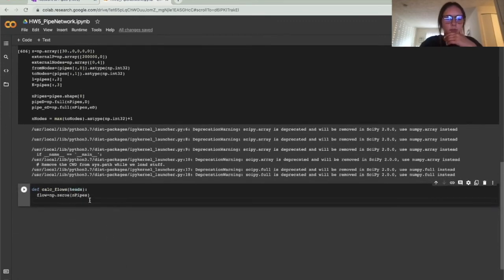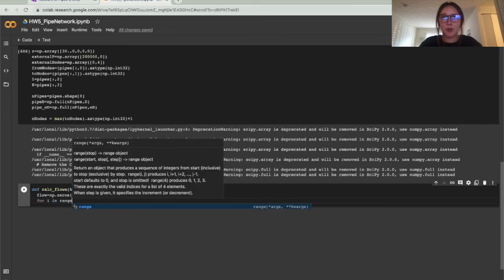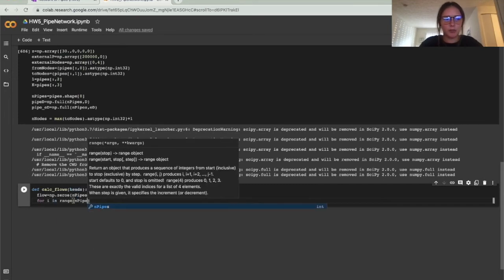So this will just help us not get an error at the end. And so what we want to do is create a loop. So for i in range, and we want the range to be n pipes.